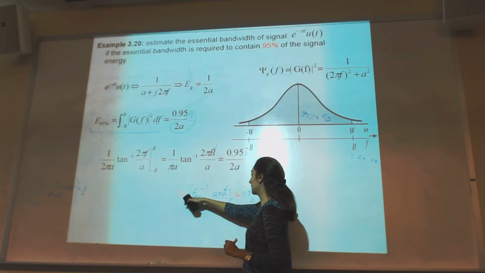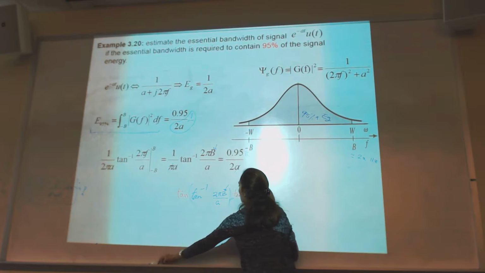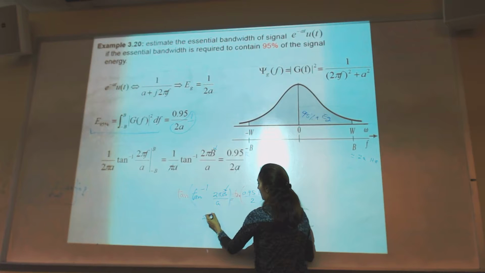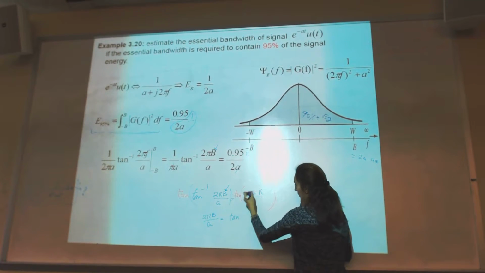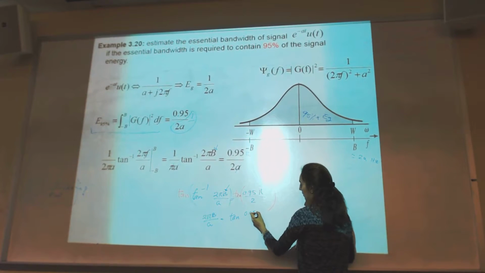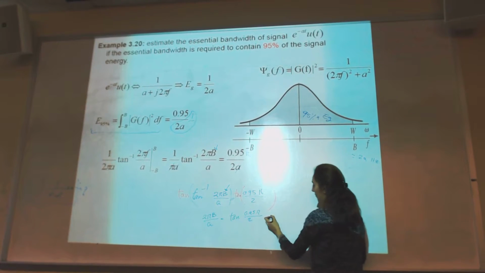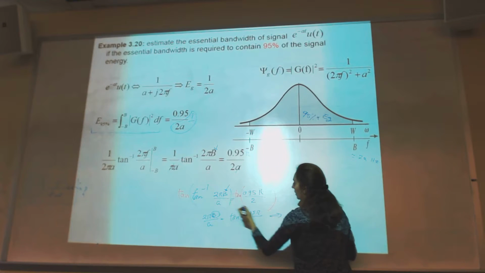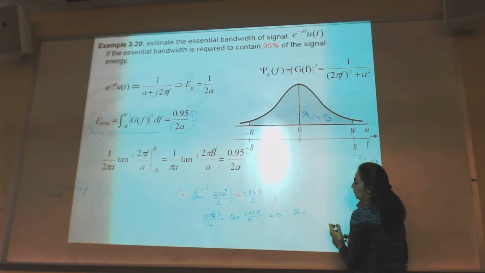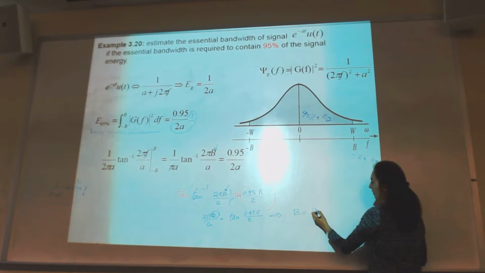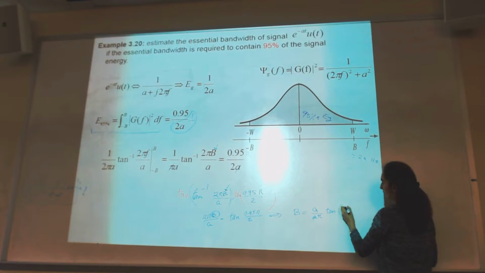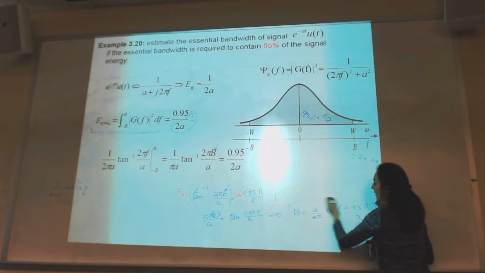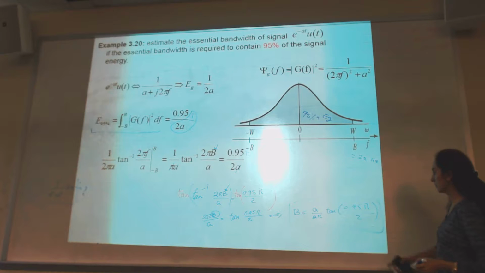Tangent and tangent inverse cancel each other out. So you get 2 pi b over a equal to the tangent of that value. And then we just want to find b, which is a over 2 pi times that. So that's how they get that number.